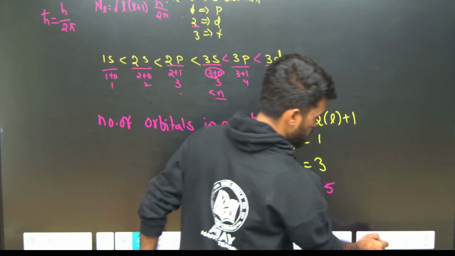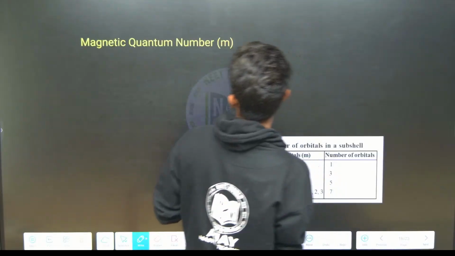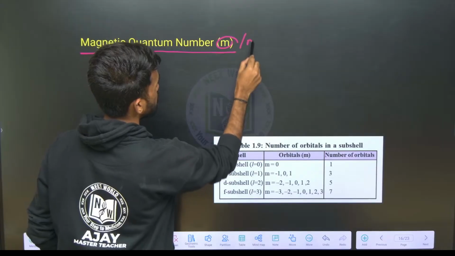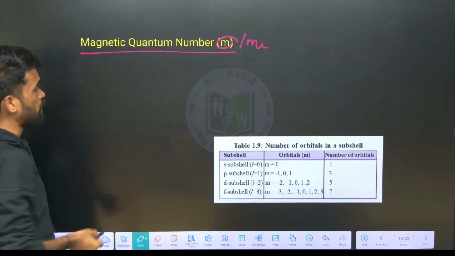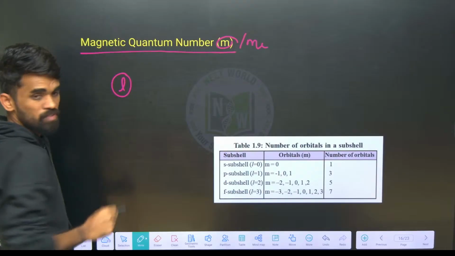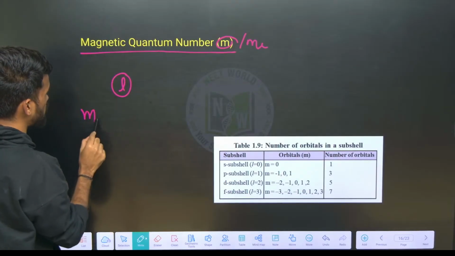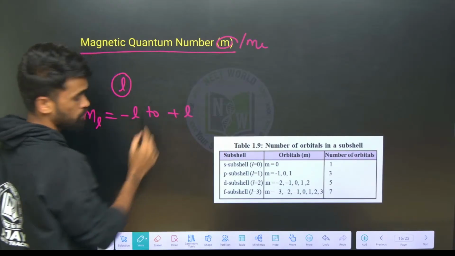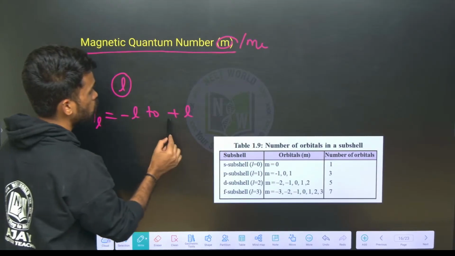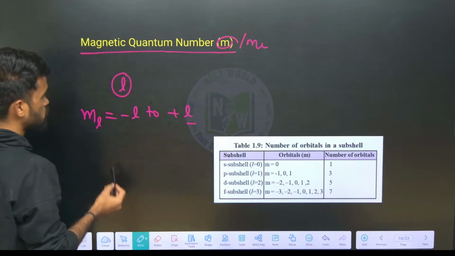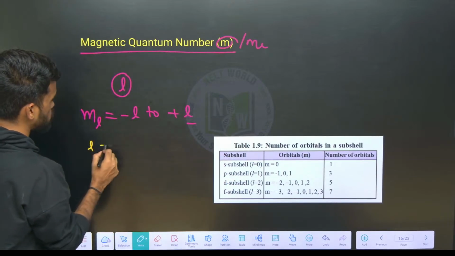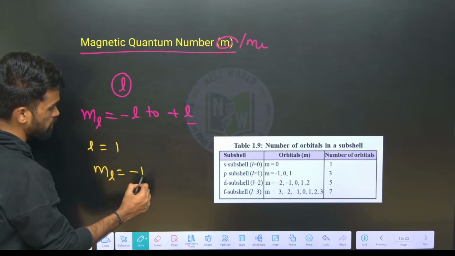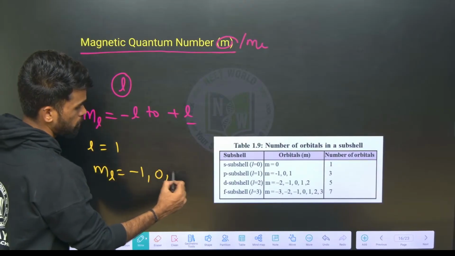This is about the azimuthal quantum number. Next we have the magnetic quantum number indicated with m or ml. For a particular l value, ml values lie from minus l to plus l. This says about the orientation of orbitals. For example, I have l equals 1. So ml will be -1, 0, +1.